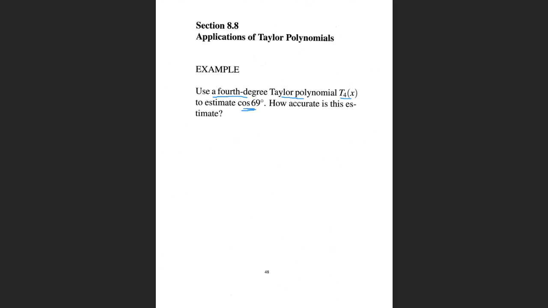Okay, now the Taylor polynomial formula, as a function of x, assumes x is a number, and 69 degrees is, of course, in degree mode. We want 69 degrees to be in radian mode. So do you remember how to convert degrees to radians? How many radians are in 180 degrees? Right, good, Mario. Pi over 180.